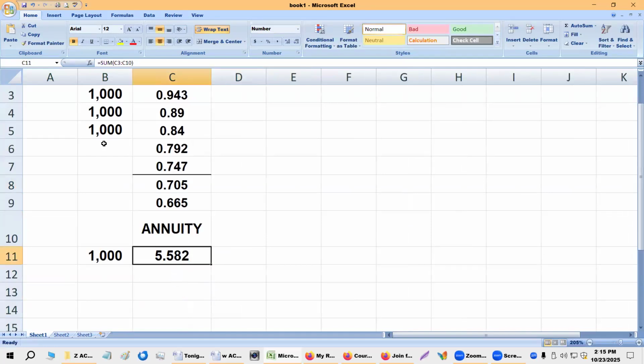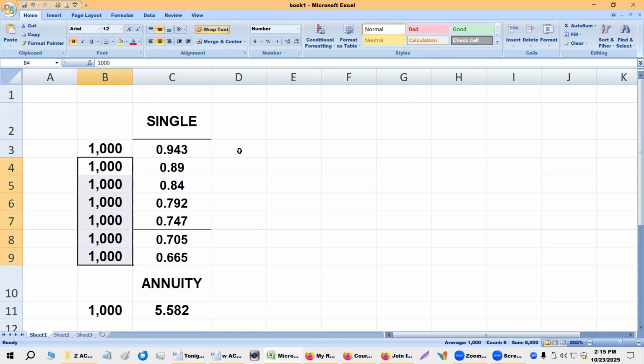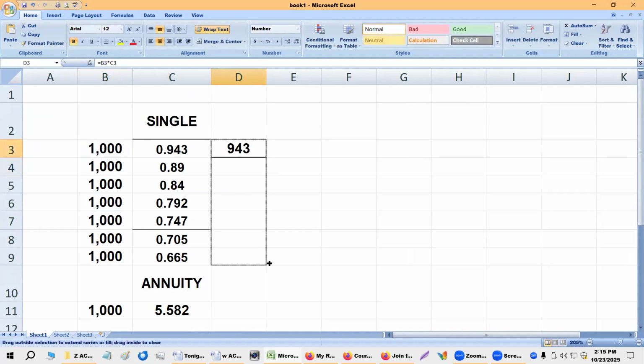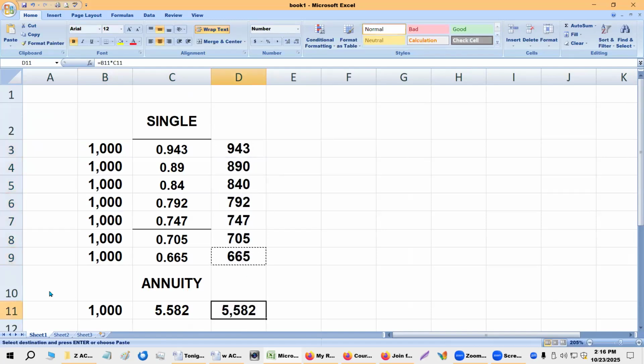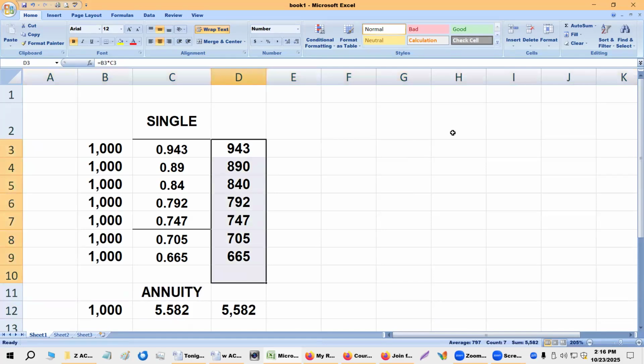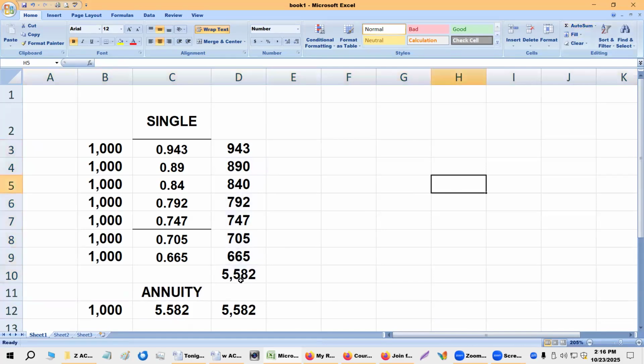So it just adds all these up, so we don't have to do each of these individually. Well, we could. It should come out the same. It might come out a little bit different sometimes because of rounding, but it should be pretty much the same. So you could use a single payment table, do 7 calculations, or you could just use the annuity table. So that's why we use the annuity table. It's just faster.